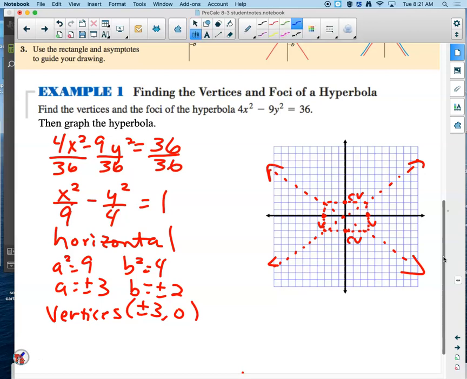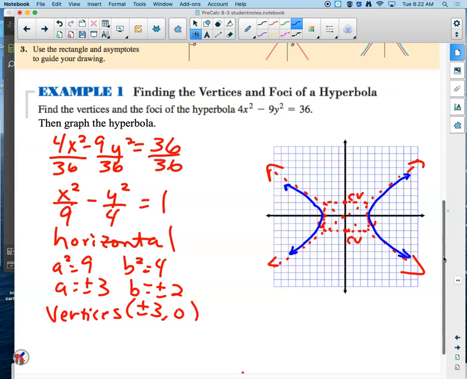And that's all I need to draw my hyperbola, because I knew it was horizontal, I know it has to go through the vertices, and I know what asymptotes are supposed to do. Asymptotes are lines we approach, but never cross. And there it is. So we're looking at absolutely perfect hyperbolas when we can graph them in this form with our nice little box.